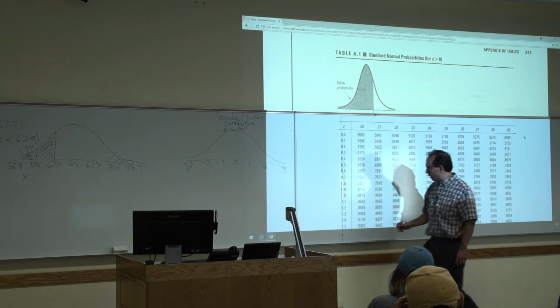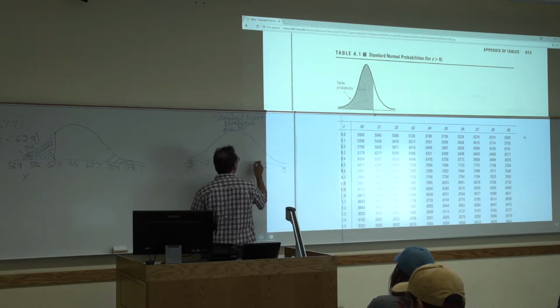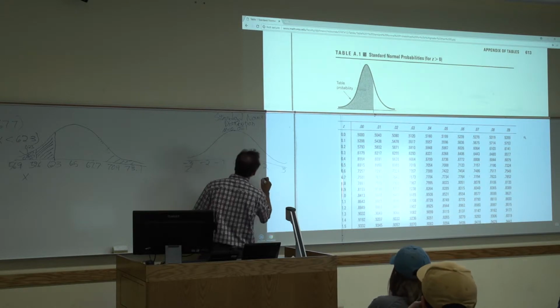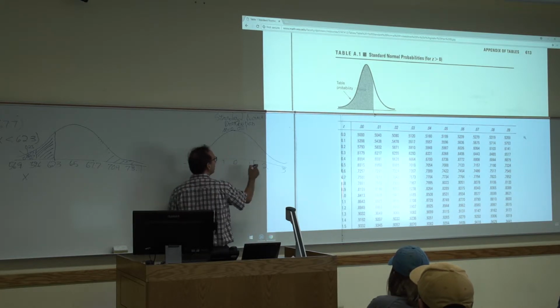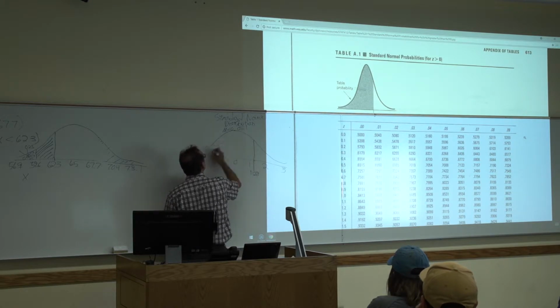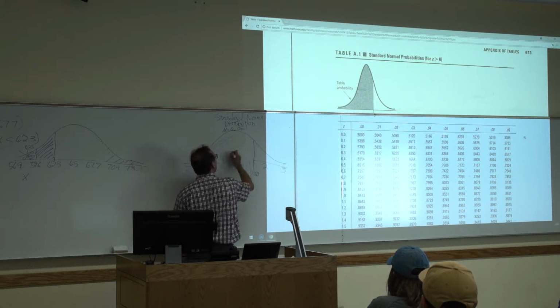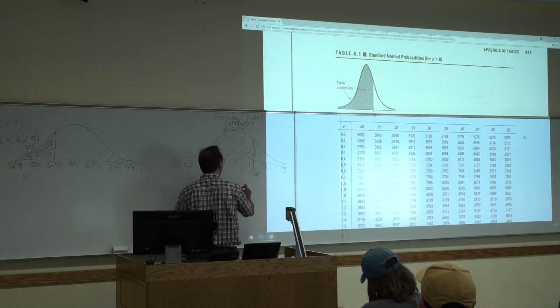So for example, suppose I want the area underneath this curve to the left of 1.28. Suppose I want this area right here. So I want the probability that z is less than 1.28.